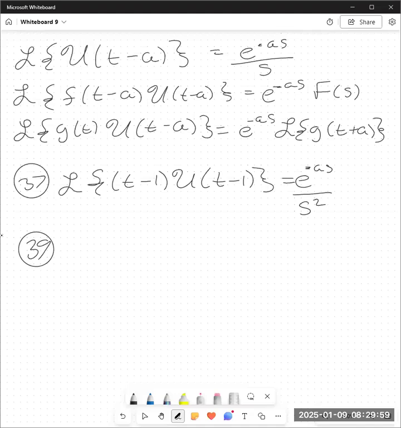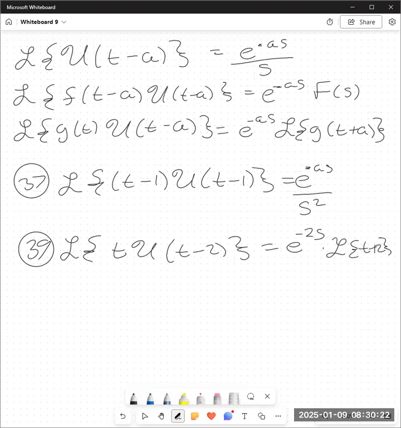39 is Laplace transform of t times unit step function of t minus 2. It's going to be equal to e to the negative 2s times the Laplace transform of t plus 2.